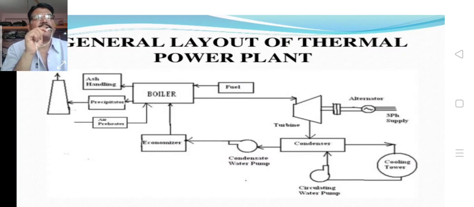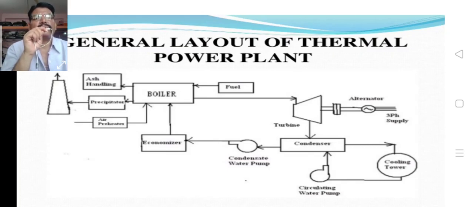After supplying the water through the cooling tower, the steam condenses, it means that steam is converted into water, that goes to the pump, that is called the condensate water pump. Then it goes to the economizer, an equipment with many tubes, inside which the water is heated with the help of the steam coming out, so that without applying any extra heat the water is heated.